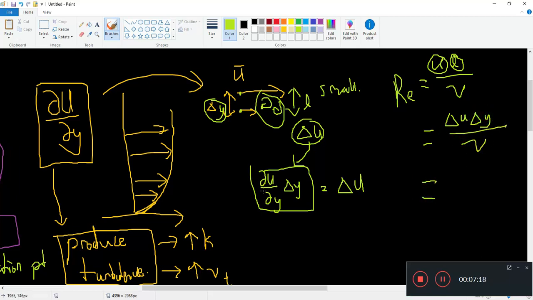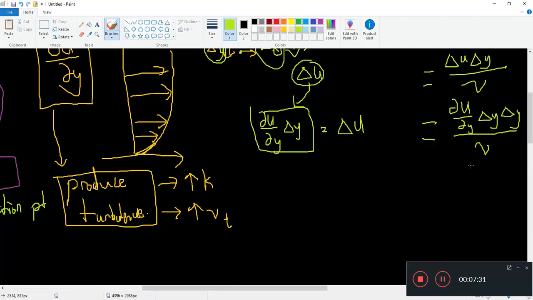This delta U is just du dy delta Y, and then delta Y comes out again, delta Y over nu. So we have del U del Y times delta Y squared over nu.